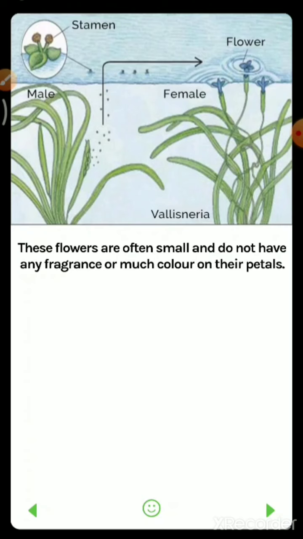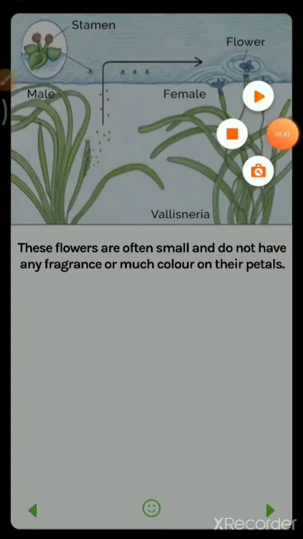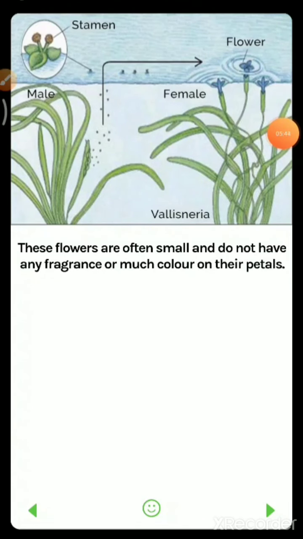Mostly they are aquatic plants and are completely submerged in water. So on maturity they get detached and float on the surface of water. You can see in the picture how they are floating on the surface of water. Before, they are attached to the plant, but after maturity they are detached and float on the surface of water.